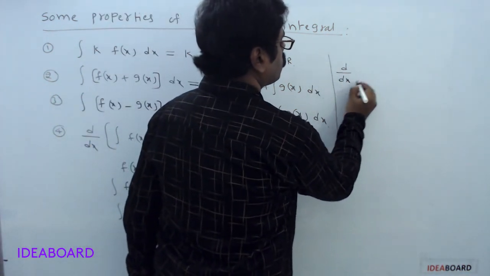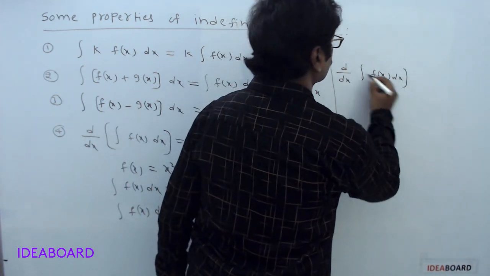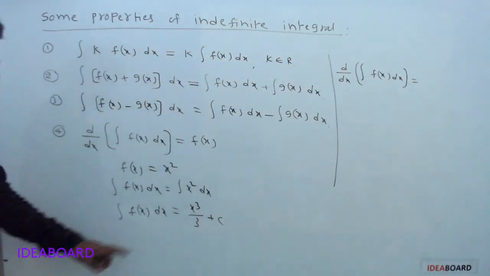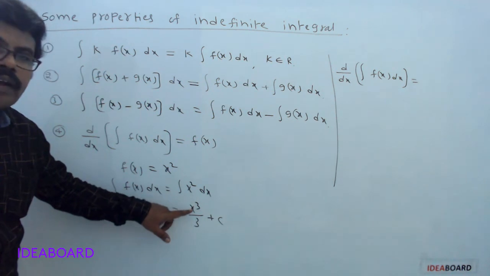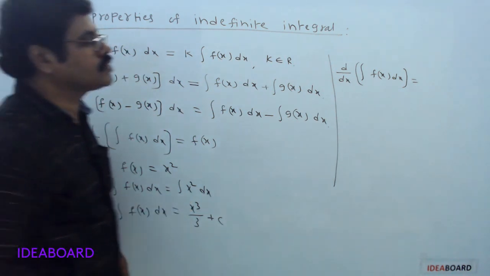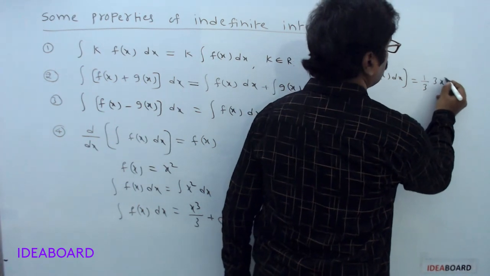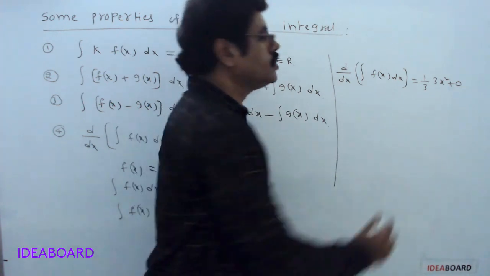So derivative of integral f of x dx equals 1 by 3 into, what is the derivative of x cube? Derivative of x cube is 3x square. So this is 1 by 3 into 3x square. C is a constant, its derivative is 0.